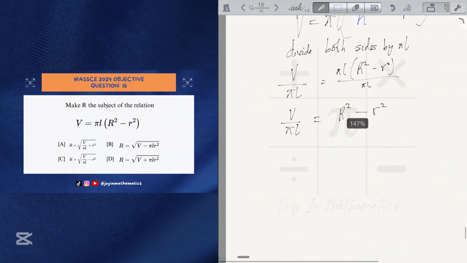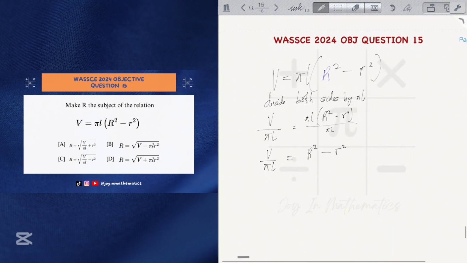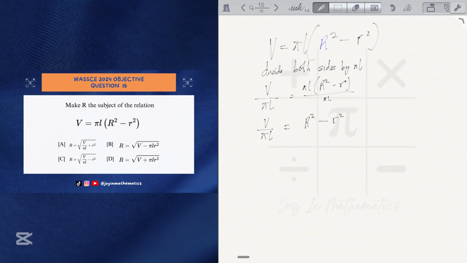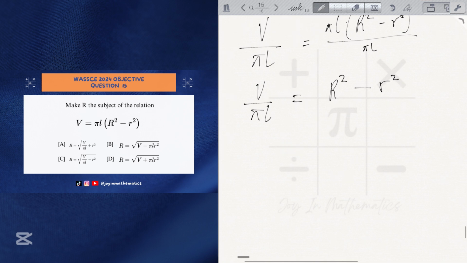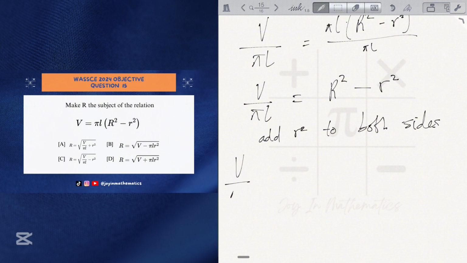So we are going towards the big R. So let's add small r squared to both sides. So adding r squared to both sides, we have V divided by pi L plus r squared is equals to R squared minus r squared plus small r squared.